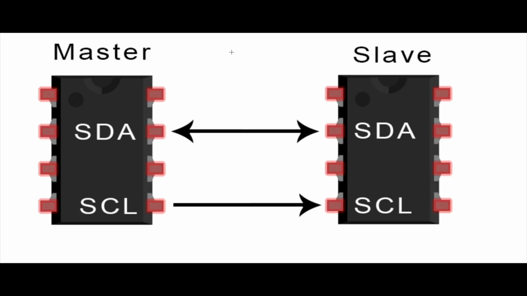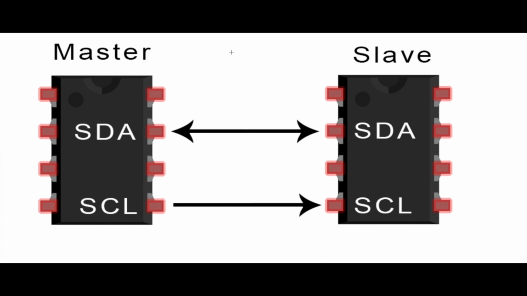Now let's talk about the coding part, but before that let's talk about what the SDA and SCL lines are. These are the two lines of the I2C protocol. I2C is a serial communication protocol in which data is transferred bit by bit along a single wire, that is through the SDA line. SDA is the serial data line, the line for master and slave to send and receive data. And SCL, as the name suggests, is the serial clock, the line that carries the clock signal.